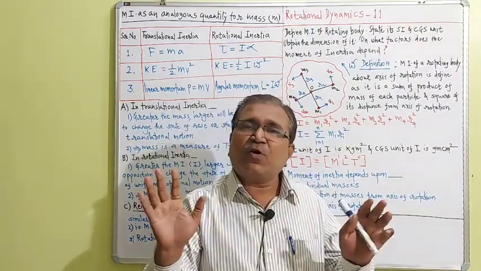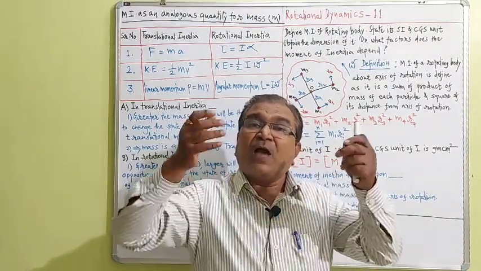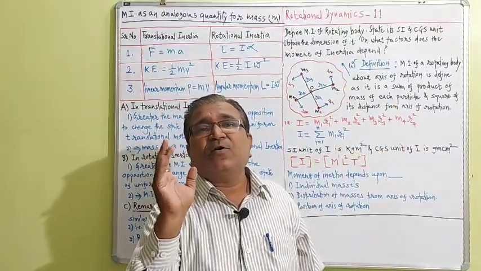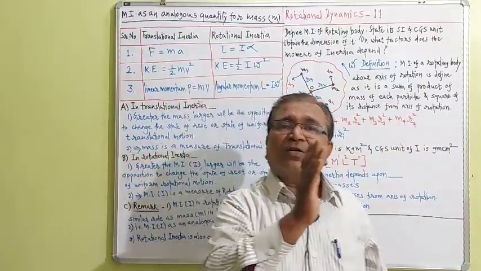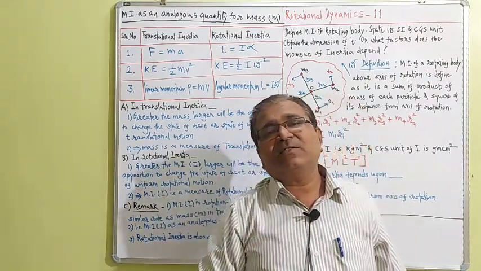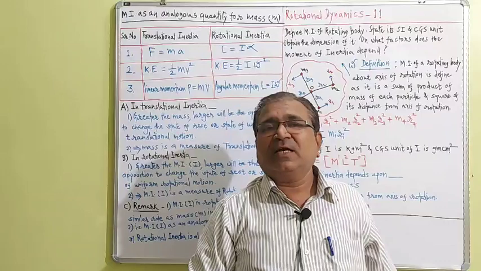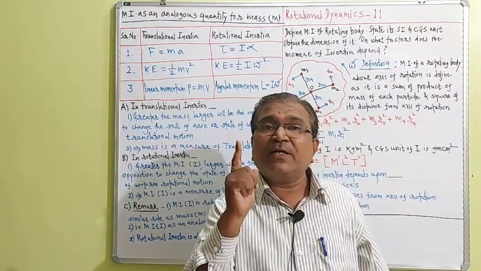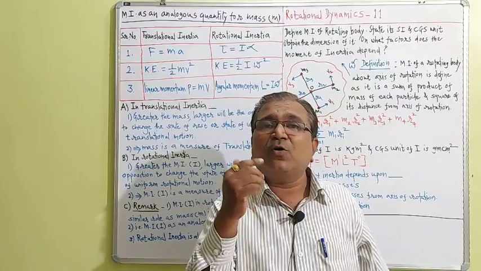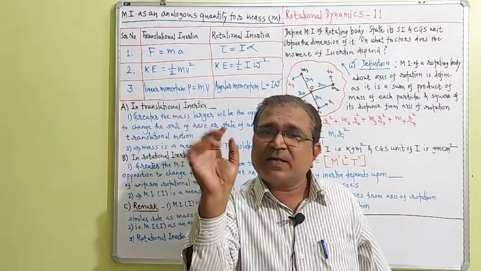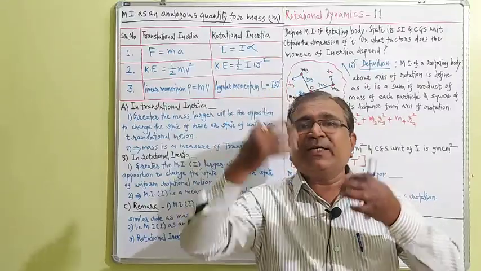This is the general formula of moment of inertia for n number of particles separated by r1, r2, r3 ... rn from the axis of rotation. By making use of this we prepared the definition of moment of inertia: summation mi ri square, i from 1 to n.